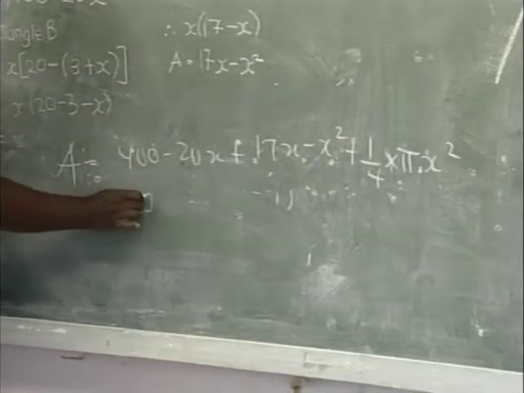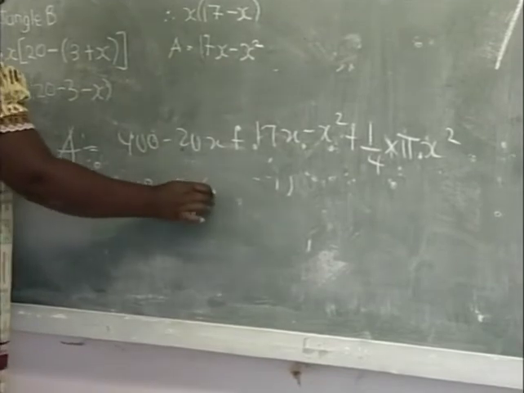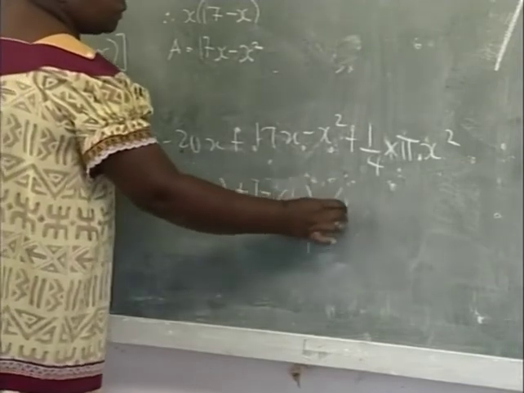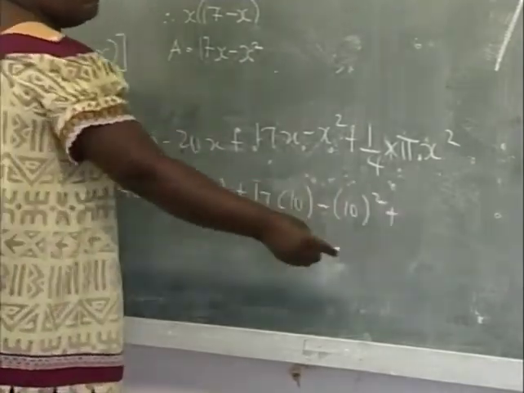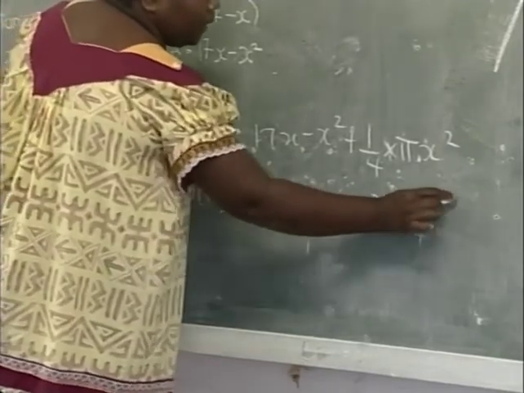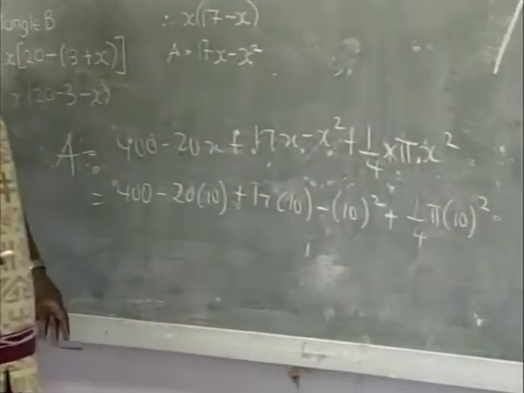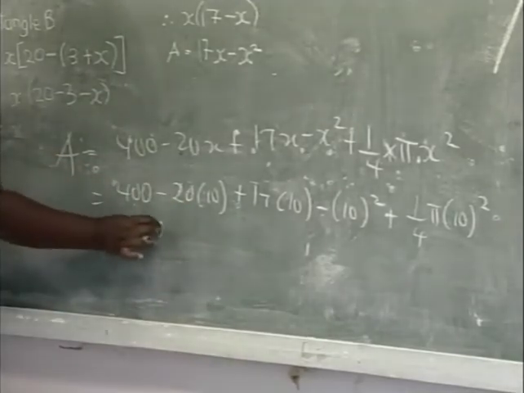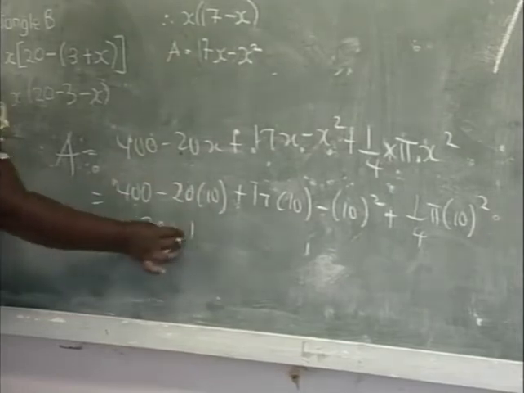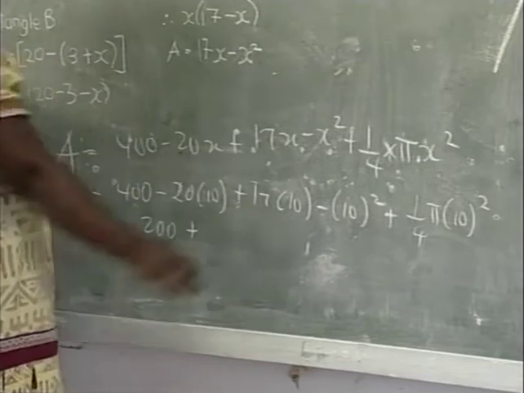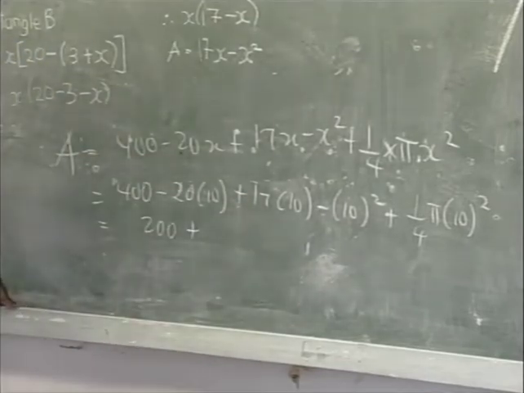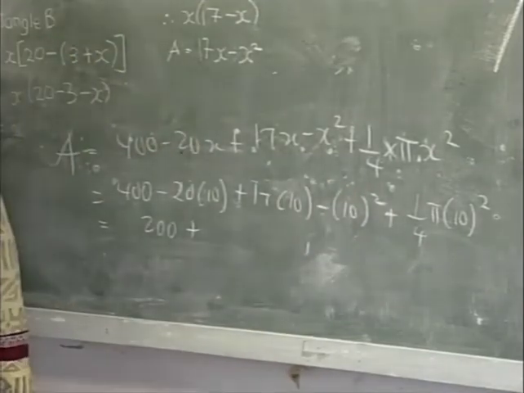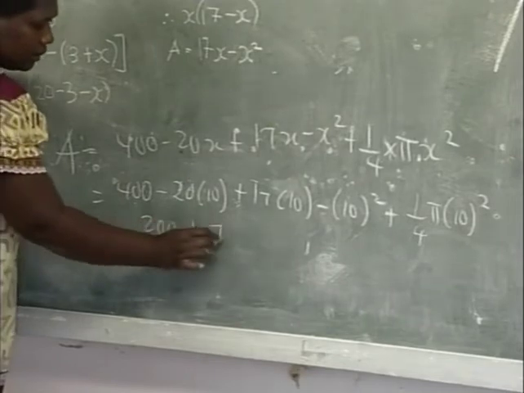So 400 minus 20 times 10 plus 17 times 10 minus 10 squared plus 1/4 pi times 10 squared, right, which is 400 minus 200, which is 200. 20 times 10 is 200, so I get 200 here. 17 times 10 is 170. 170 minus 100, because that's 10 squared, is 70.